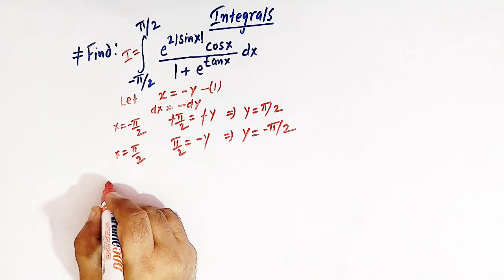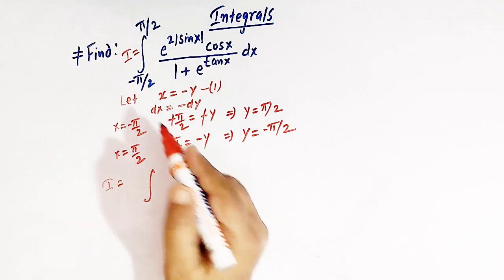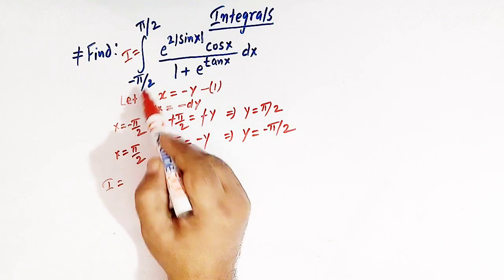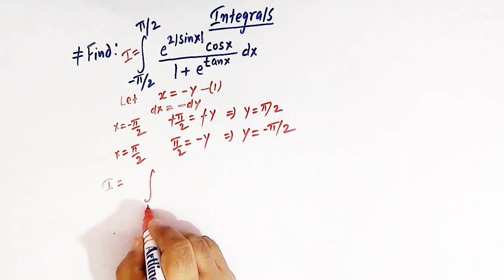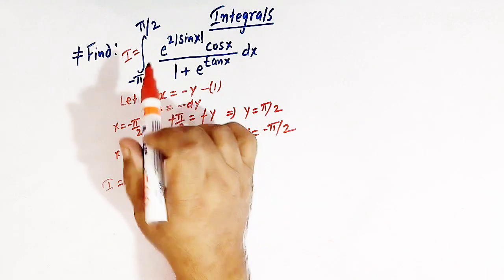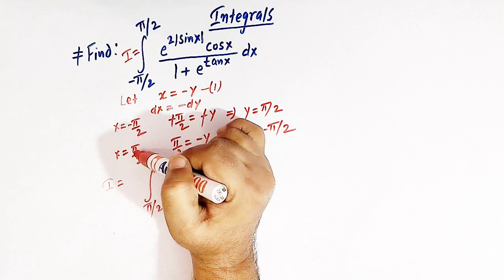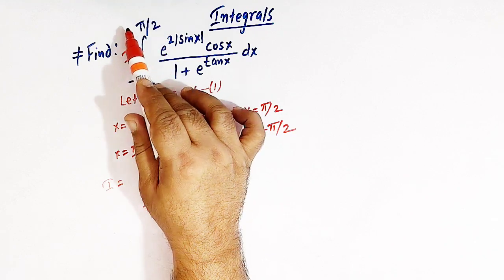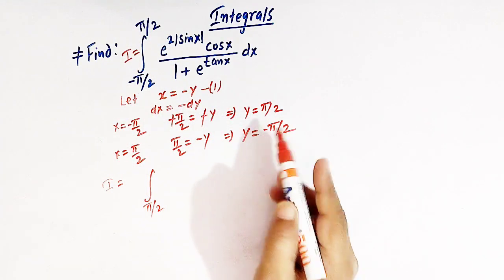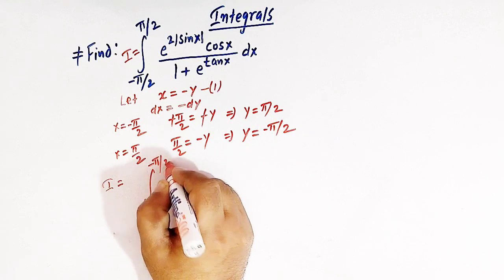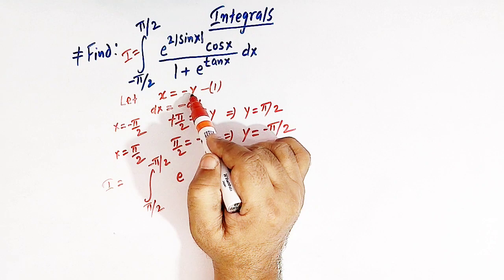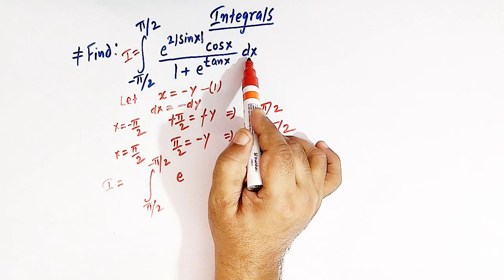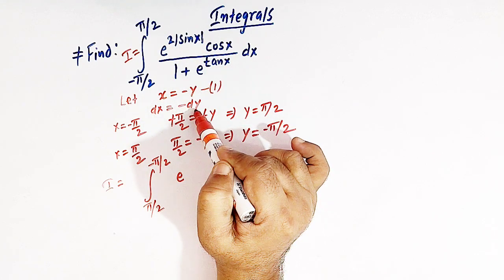Now I can be written as follows. When x is minus pi by 2, y is pi by 2, so the lower limit is pi by 2, and when x is pi by 2, that is the upper limit, then y is minus pi by 2. And we can replace x by minus y wherever x occurs, and dx is replaced by minus dy.